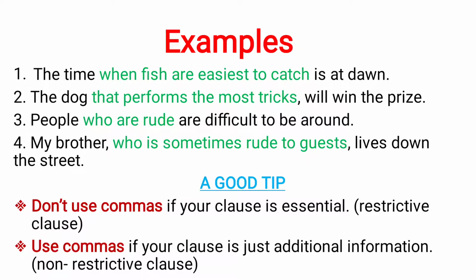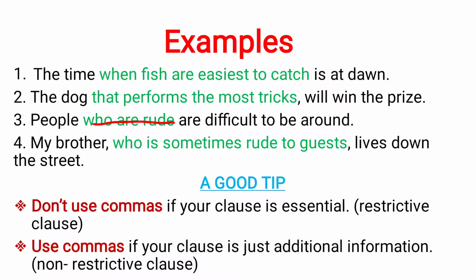"People who are rude are difficult to be around." Here we have a subject, who, and a verb, and that is why this group of words is a clause, and this group of words is describing people. Now, is it a restrictive or non-restrictive clause? So, if we remove it, what comes out?